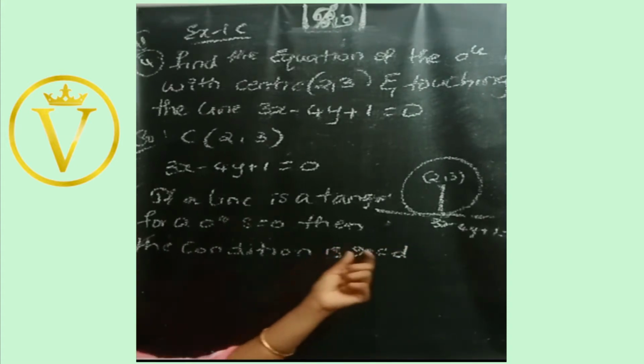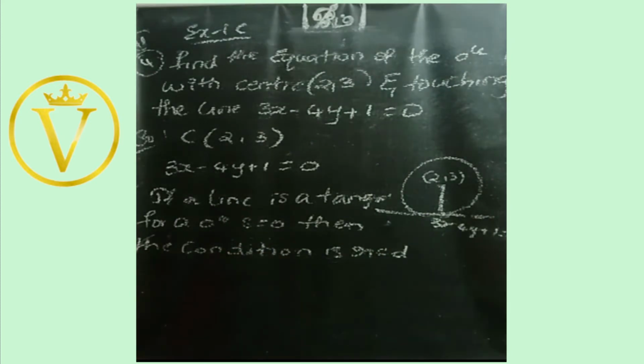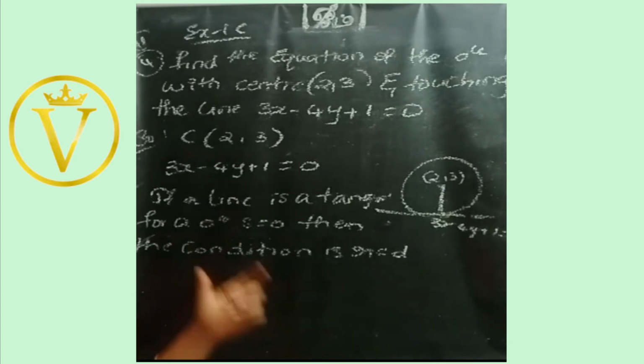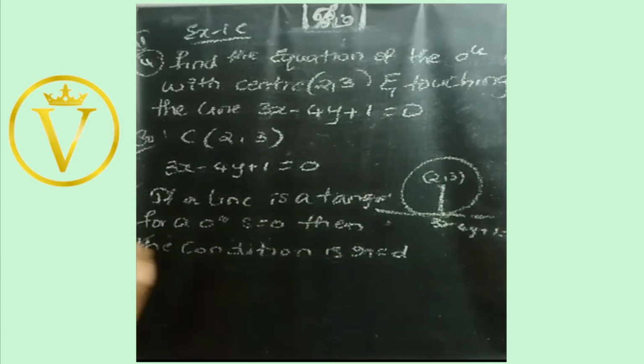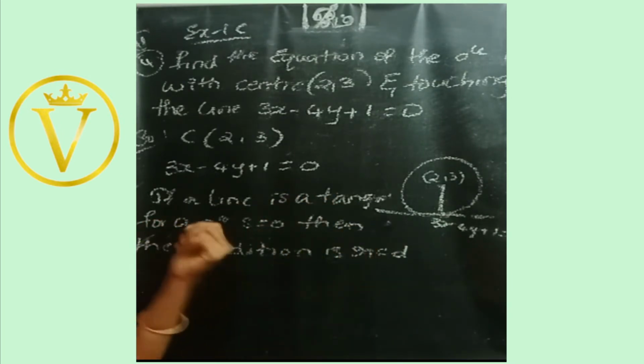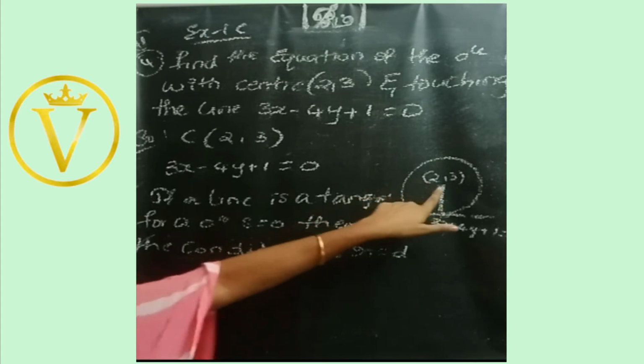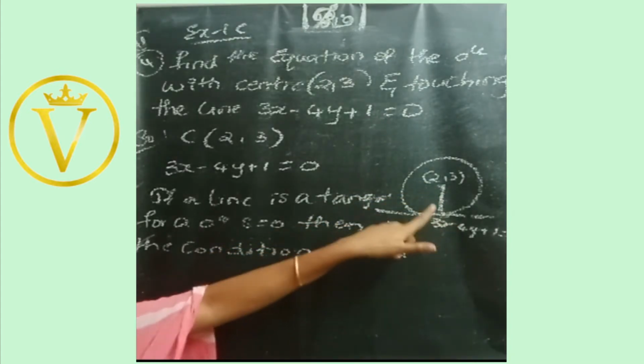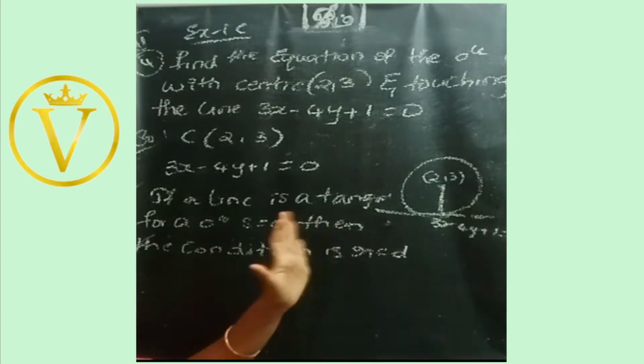Actually, we know the d formula, that means the distance formula, that is ax1 plus by1 plus c by root of a square plus b square. But in this problem, the line is a tangent, so this is the radius, right? So r will be equal to d.